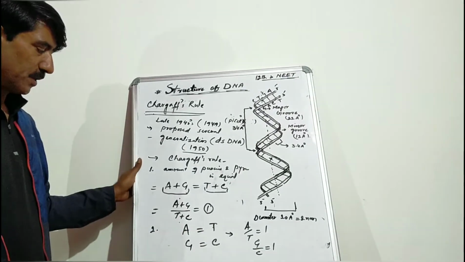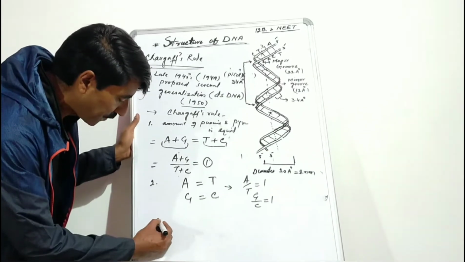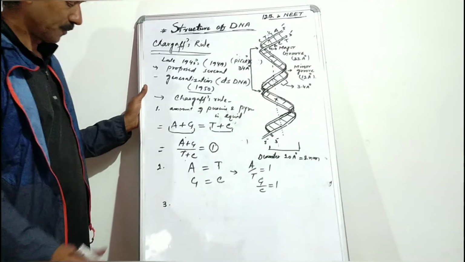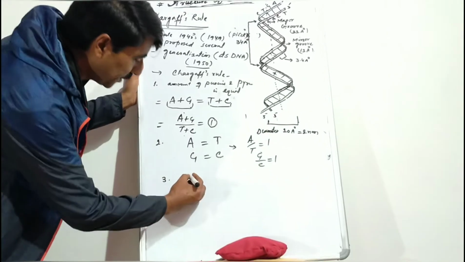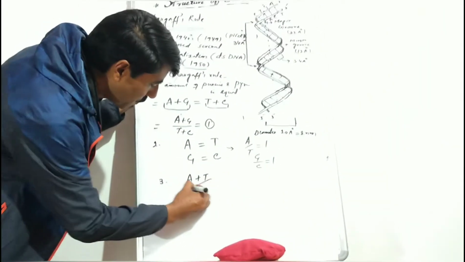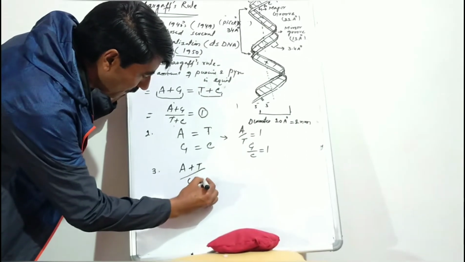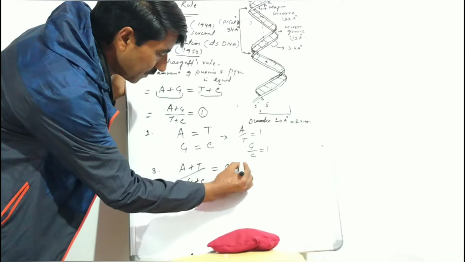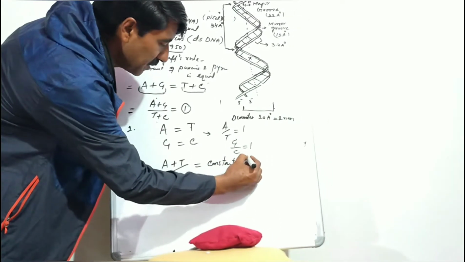So let us first describe third generalization. The third generalization or third rule of the Chergaff was that the ratio, base ratio A plus T to G plus C is constant for a species.